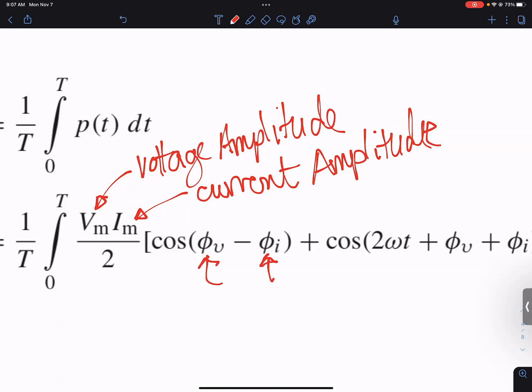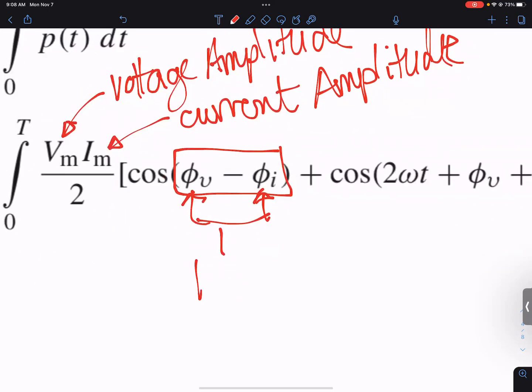This term together is called the power factor angle.